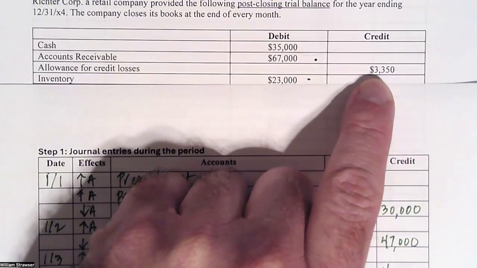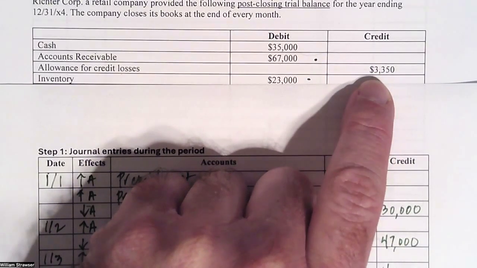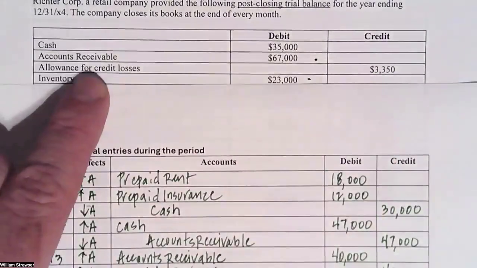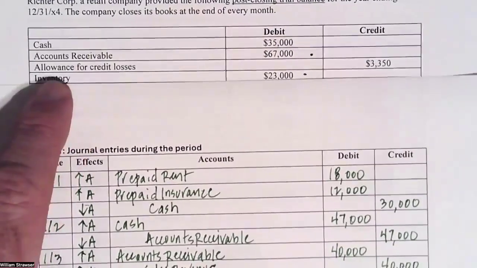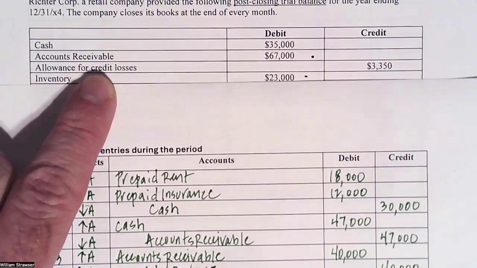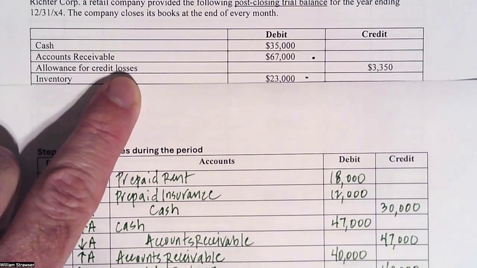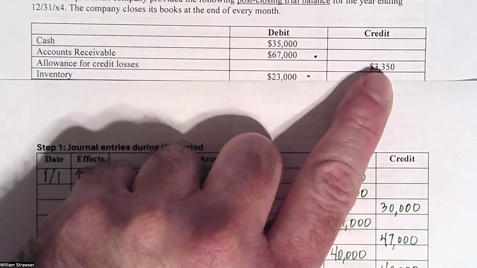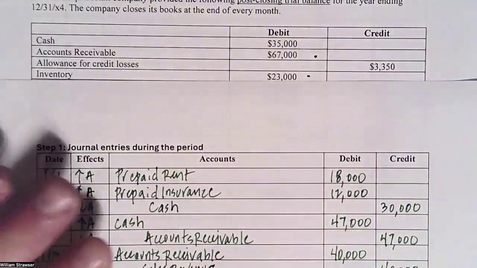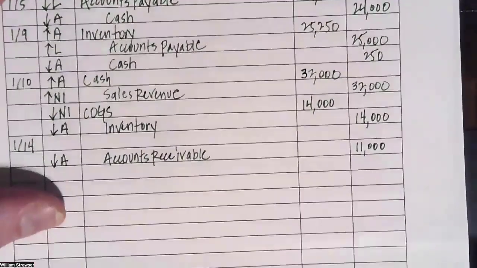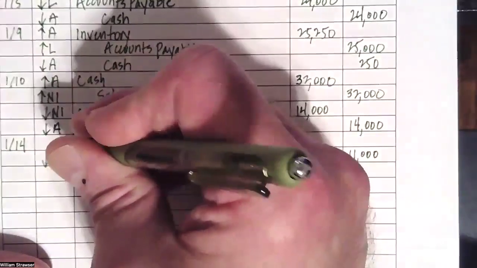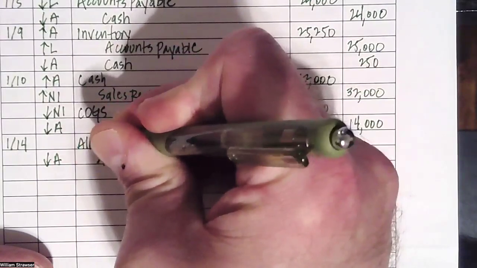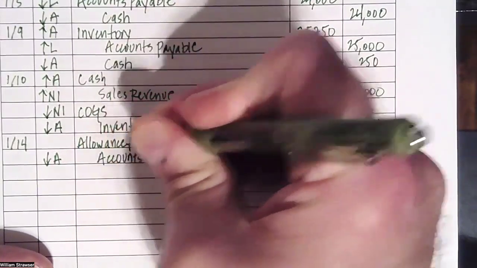You can think of it almost as the company budgeting a certain amount of bad debt, or what we now call credit losses. So this allowance allows me to draw from some of these customer accounts. I've already booked 3,350. It wasn't quite enough. We'll see what happens when we start posting it up to the ledger. But this is the allowance for credit losses.